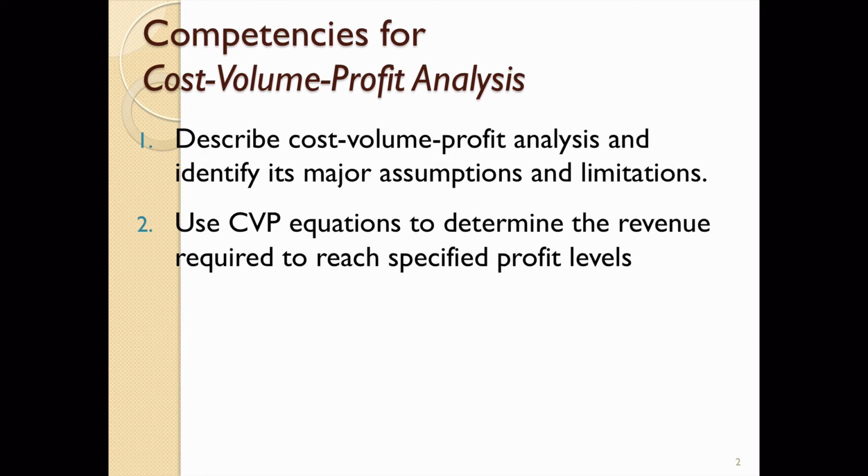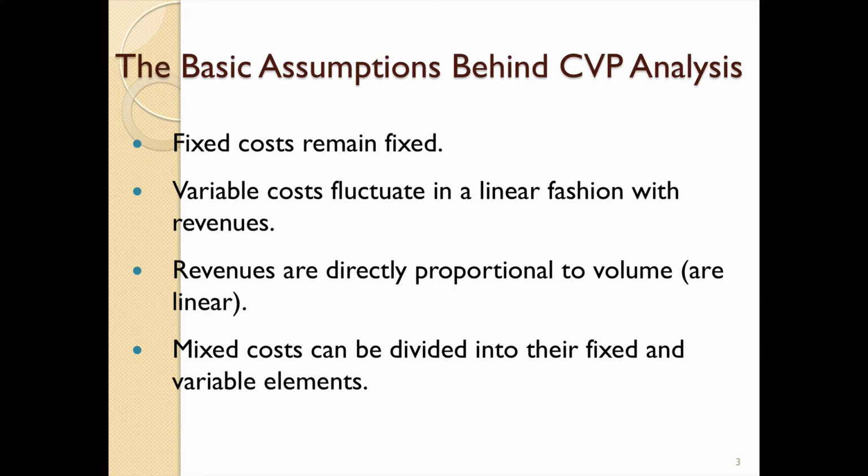So here are the assumptions: that fixed costs remain fixed, that variable costs fluctuate in a linear fashion with revenues, and what that means, along with the next one, is that our variable costs are constant. In real life, we might get discounts for volume and things like that. But when we're doing the CVP analysis, we need to assume that they stay the same.